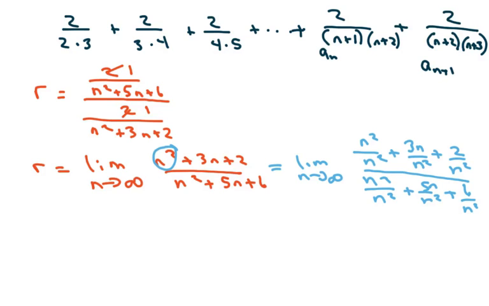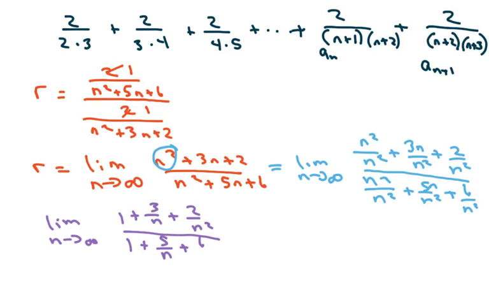And that simplifies to the limit as n approaches infinity of 1 plus 3 over n plus 2 over n squared, and the bottom 1 plus 5 over n plus 6 over n squared.